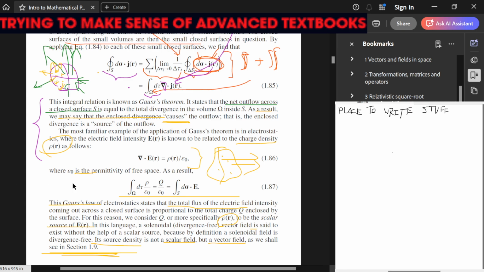Let me reread this real quick. Most familiar example, electrostatics, where the electric field is known to be related to the charge density as follows. So a number, just like a normal number, multiplied by the charge density.